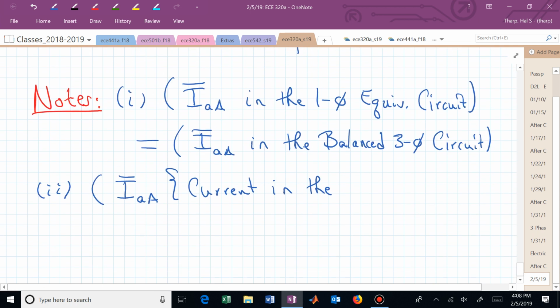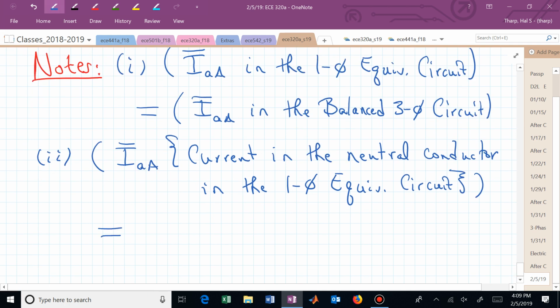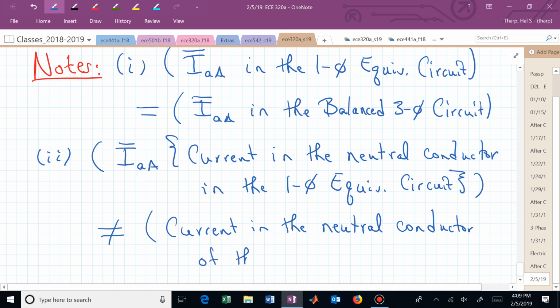I sub AA, the current in the neutral conductor in the single-phase equivalent circuit, is not equal to the current in the neutral conductor of the balanced three-phase circuit.